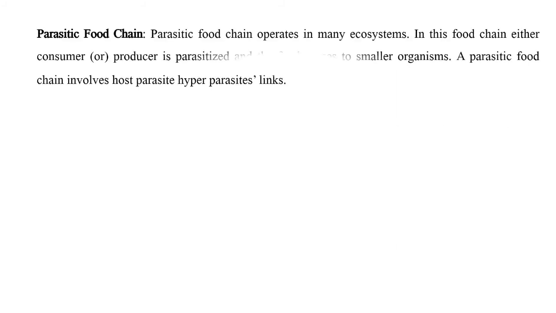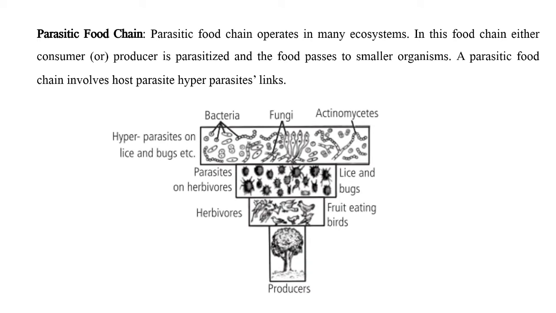Next is parasitic food chain. Parasitic food chain operates in many ecosystems. In this food chain, either consumer or producer is parasites and the food passes through smaller organisms. A parasitic food chain involves host-parasite hyperparasites link.